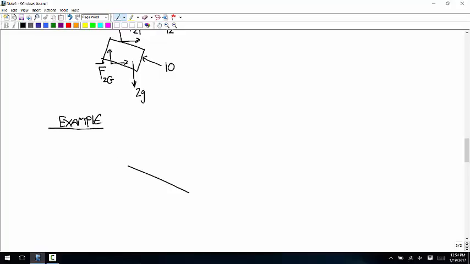So let's say we have an incline with a pulley at the corner, and there's a cart on the incline that's connected by a cable that goes over the pulley.